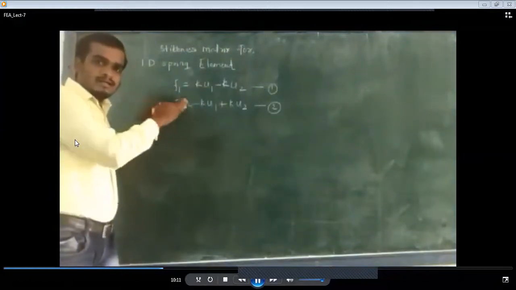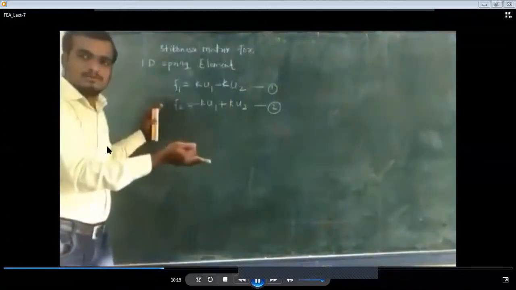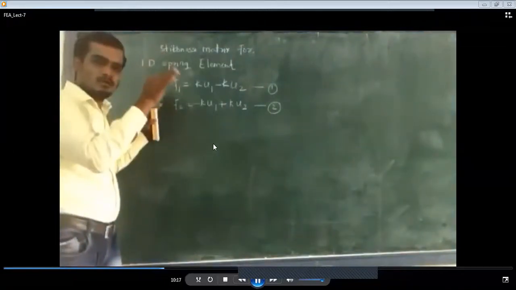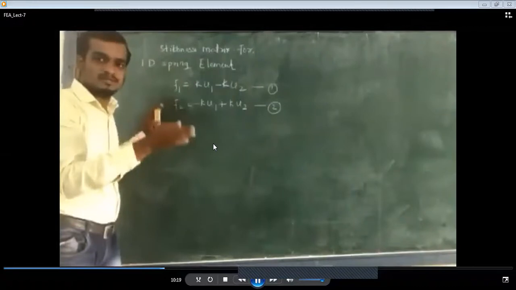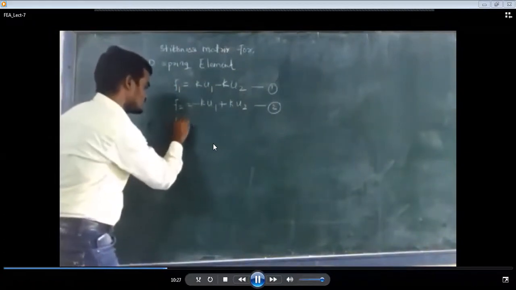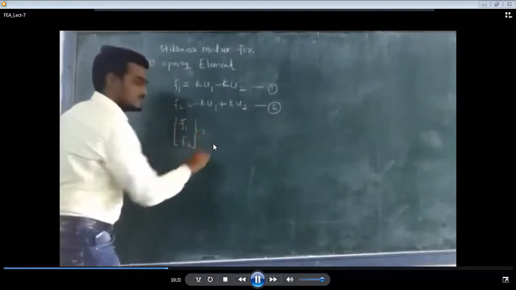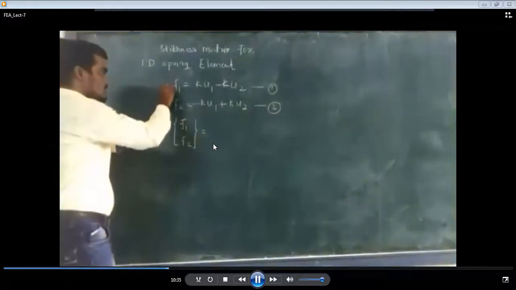Now we are going to write these two equations in a matrix form. You know how to write these equations in matrix form because you have studied this concept in your numerical methods and optimization subject. So first it will become a force vector F1, F2.